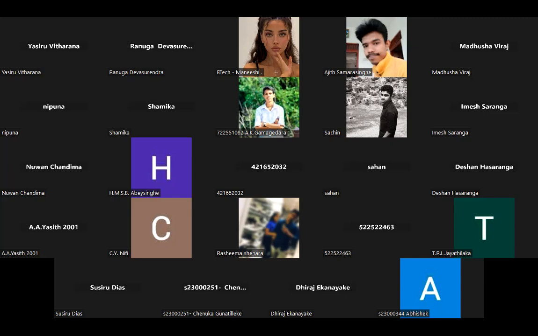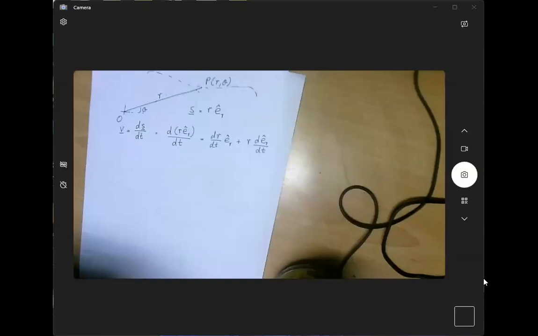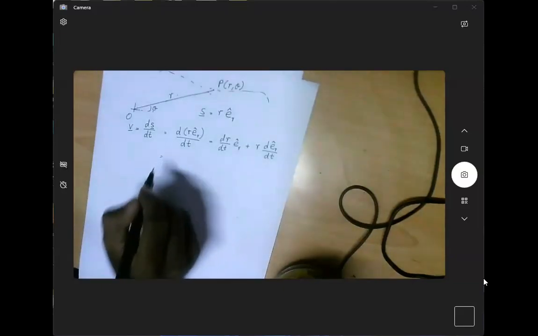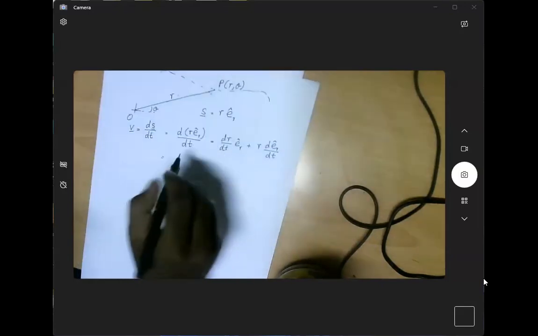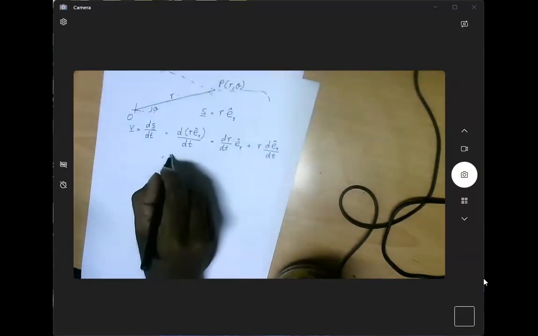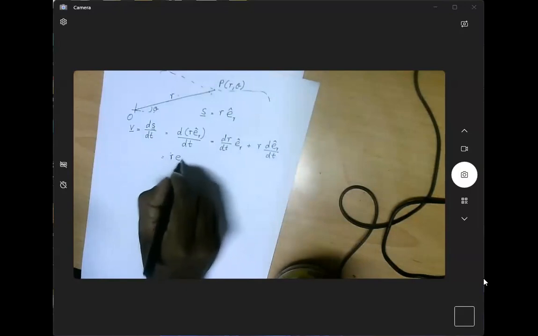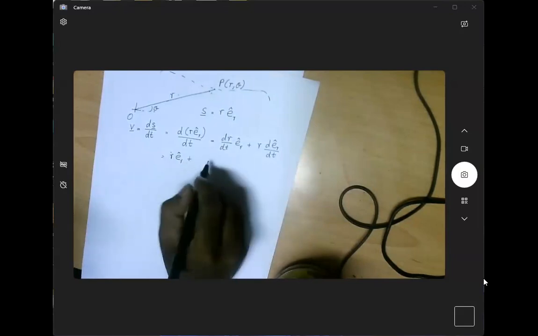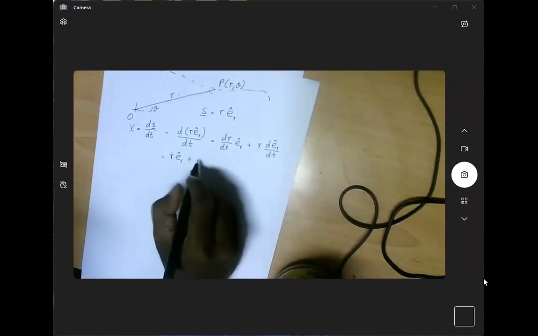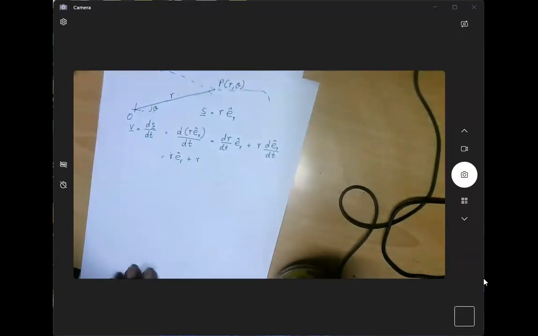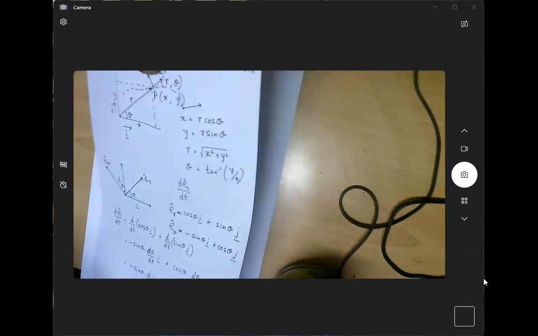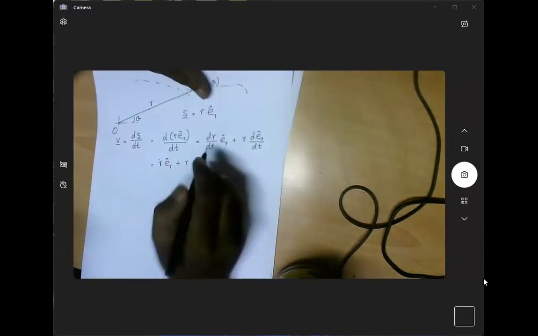Then, as in the previous case, dr over dt is r dot in the direction of e_r, plus r times d e_r over dt, which we found: theta dot times e_theta.